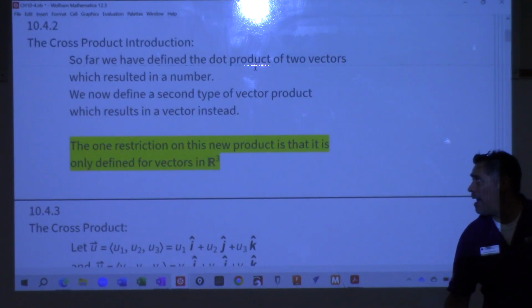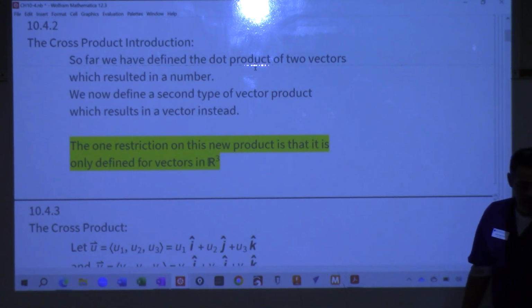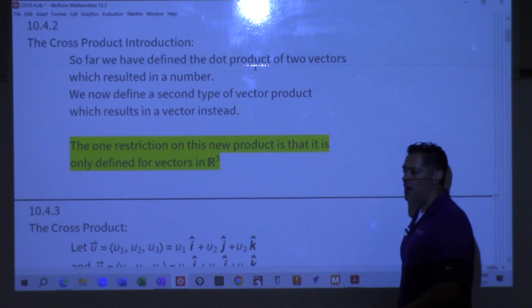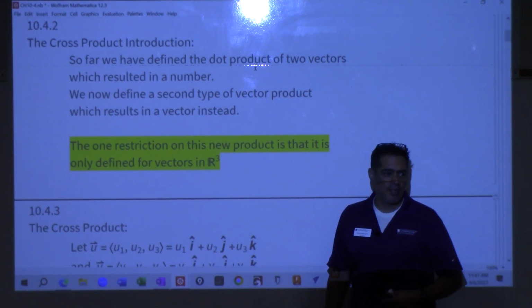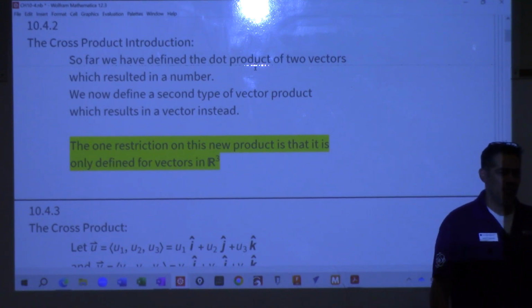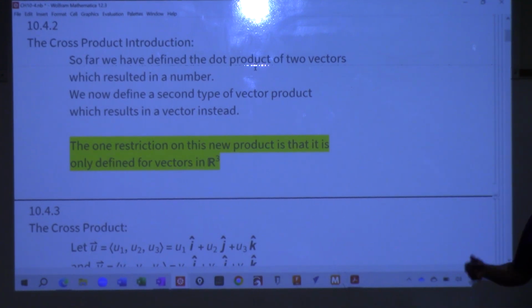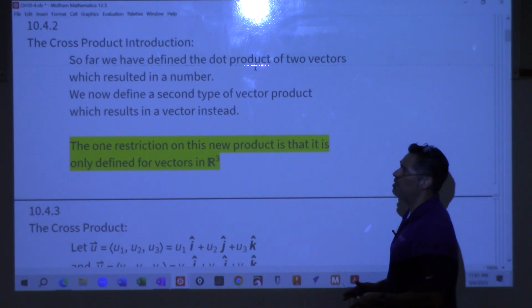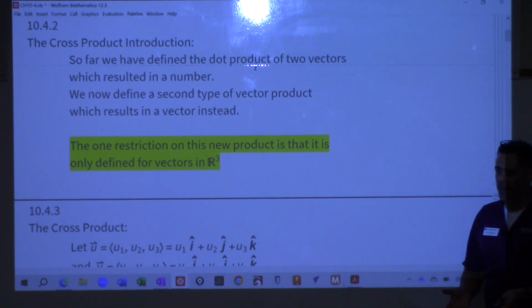There's one drawback to the cross product, and that is it is only defined for vectors in three-dimensional space. So you can only do cross products when your vectors have three components: an x component, y component, z component. Which means technically you cannot do a cross product of a vector in two-dimensional space.